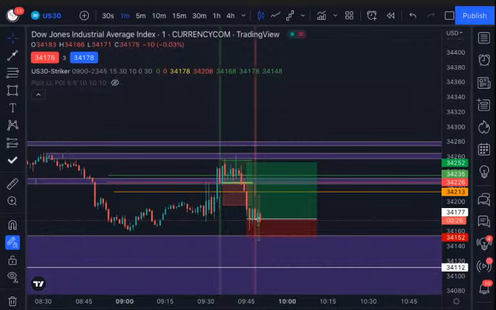For some reason, even on the 15, it's looking a little bearish. The 15-minute was like a retest.